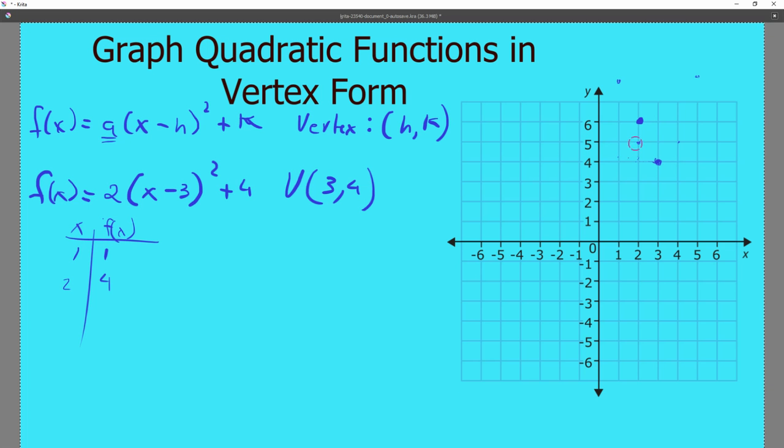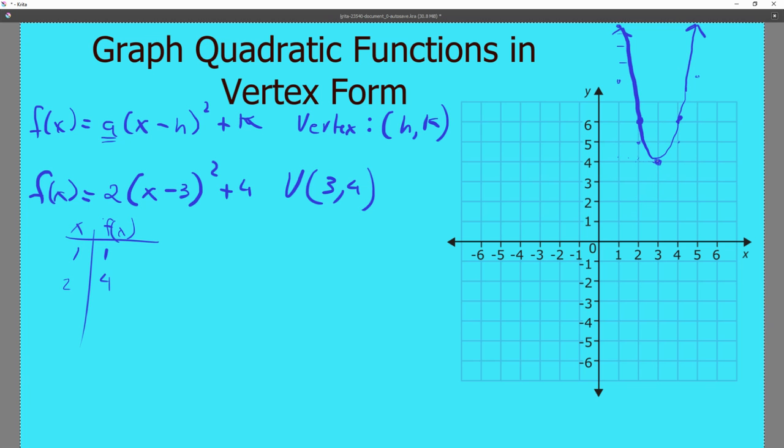Okay, so this is the actual point. And instead of going over 2, up 4, I go over 2 and up 8. So here's 4, 5, 6, 7, 8. So up here. So over 1 up 2, over 2 up 8. Okay, so there is my parabola, like that.